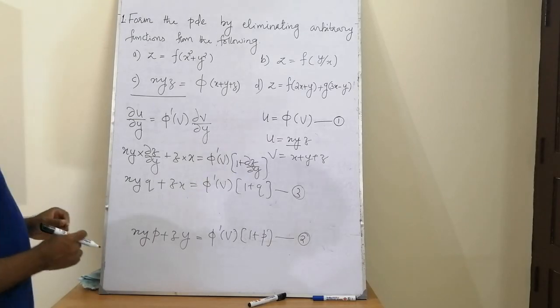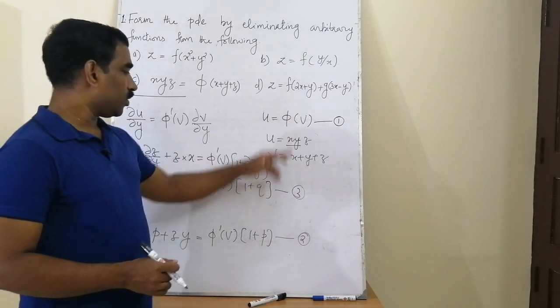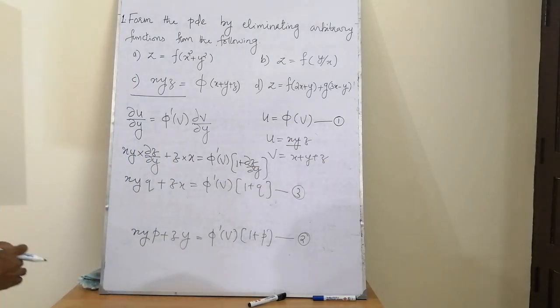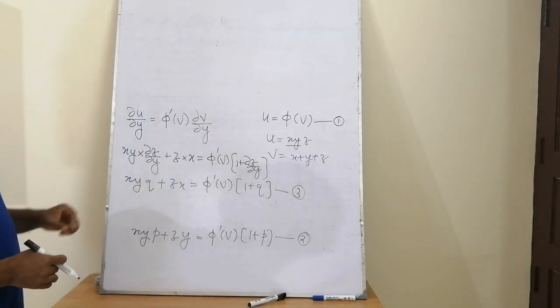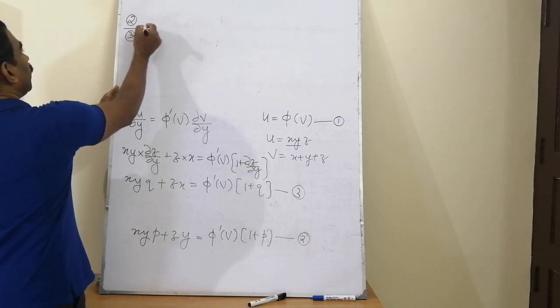Now we can eliminate our phi or phi dash from the relations 1, 2 and 3. Now what is the elimination process? If we are dividing equation 2 with equation 3, then what happens?